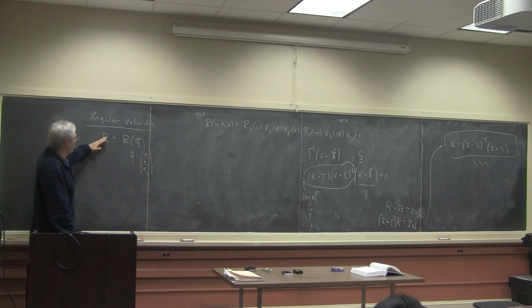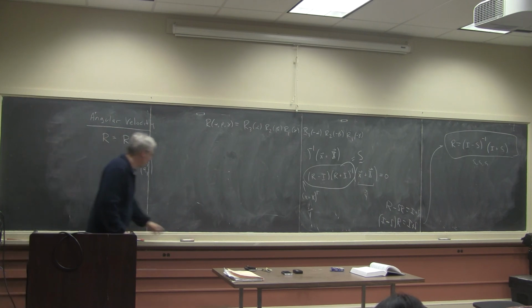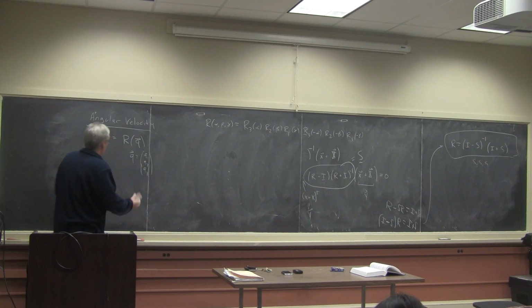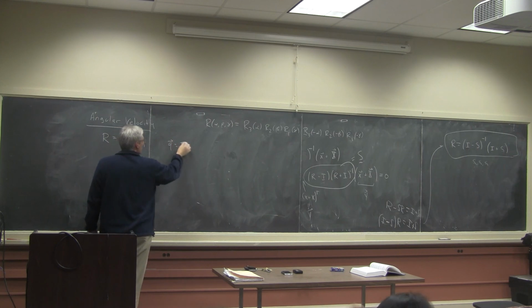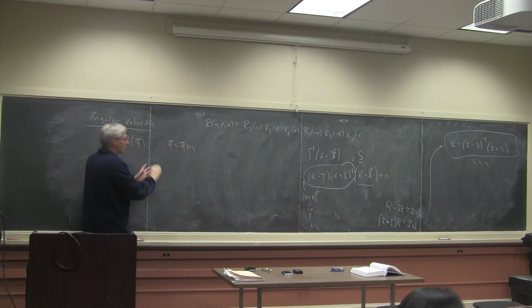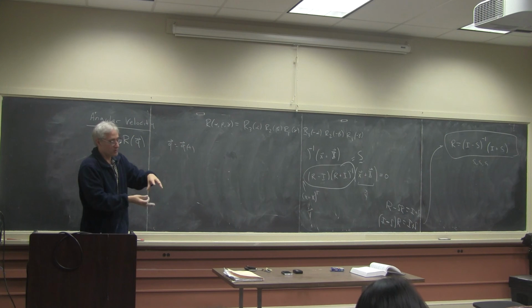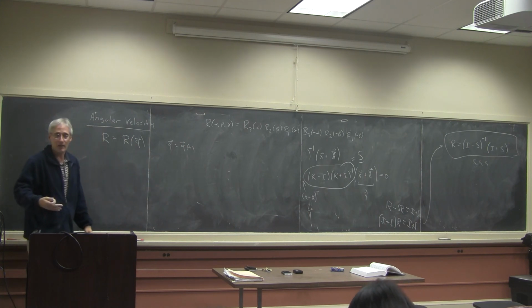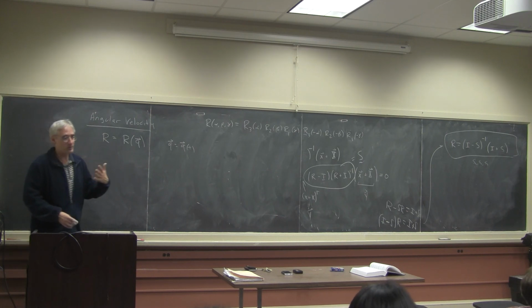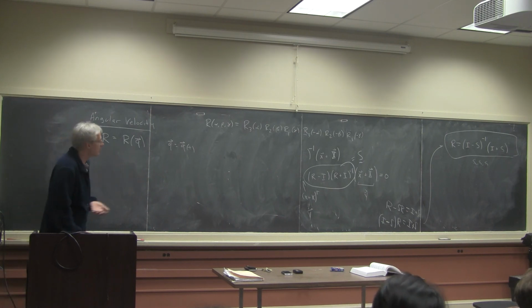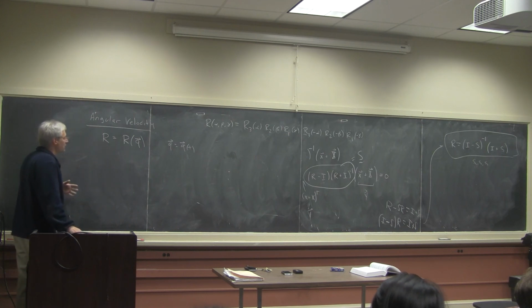So if I give you R of Q, the question is, in any of these parameterizations, and Q is a function of time, then we're talking about describing rotations that vary with time. And so then we can ask, what are the body fixed and the space fixed descriptions of angular velocity for a given parameterization R of Q?